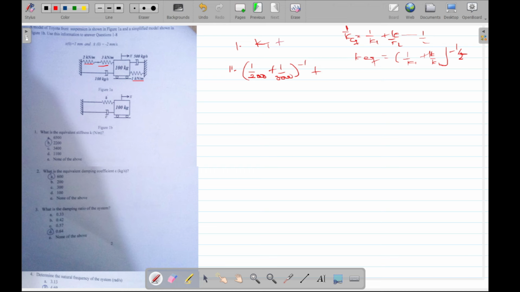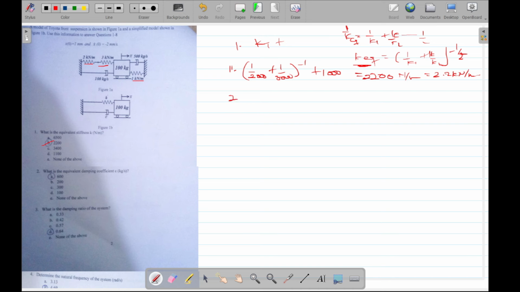So if you take the inverse, I get the equivalent, then you add the 1,000 kilonewton per meter, and this will give us 2,200 newton per meter, which is the same as 2.2 kilonewton per meter, and the answer is B.